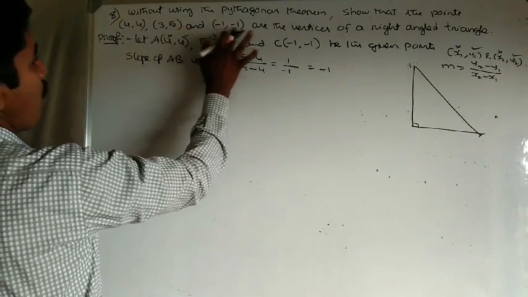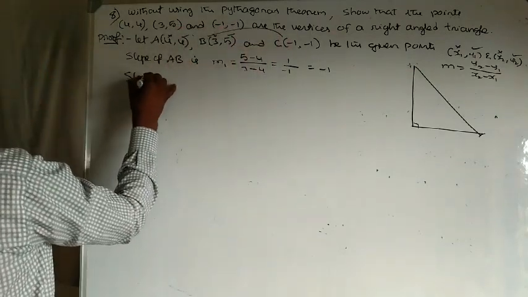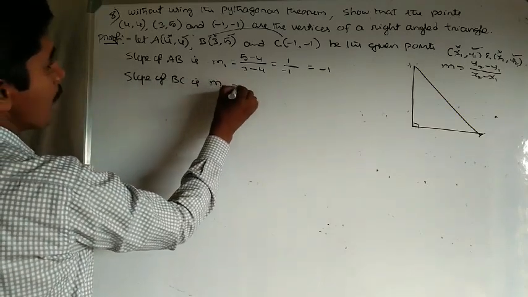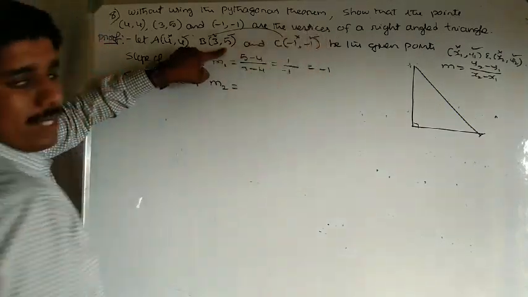Now find the slope of BC, denoting it M2. Here the y coordinate is -1 and the x coordinate is -1.